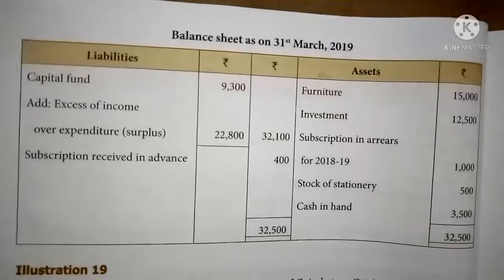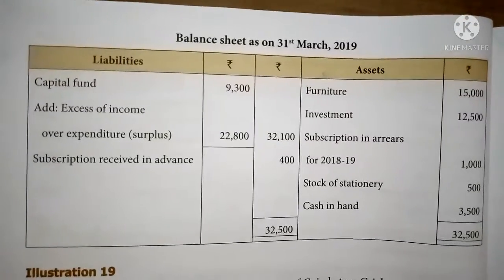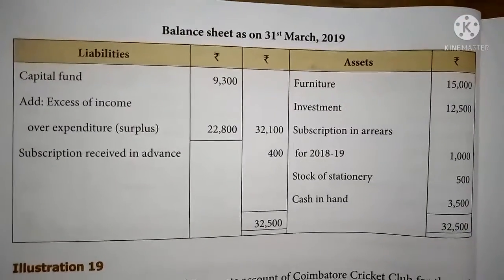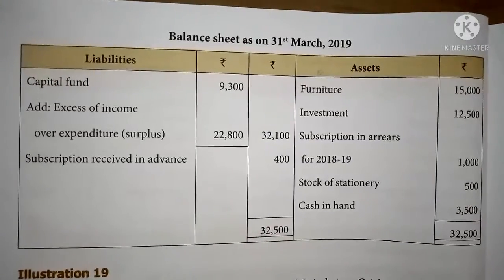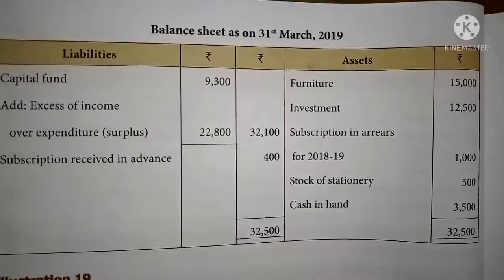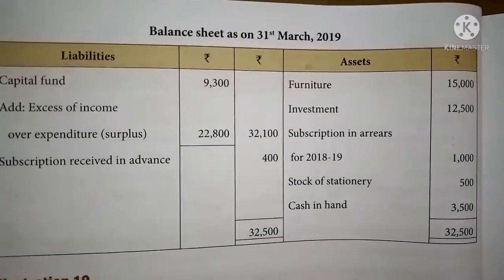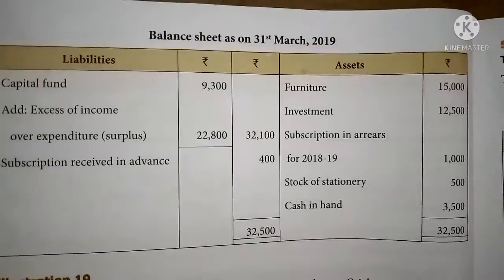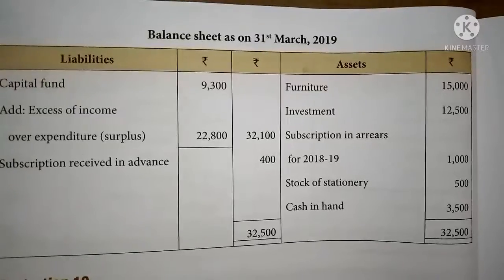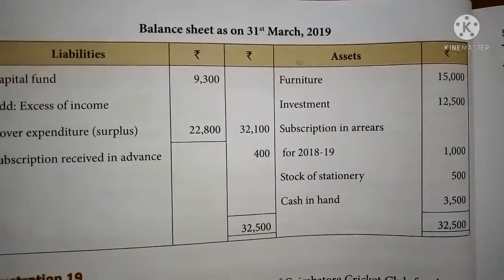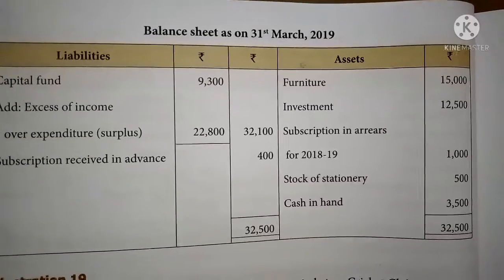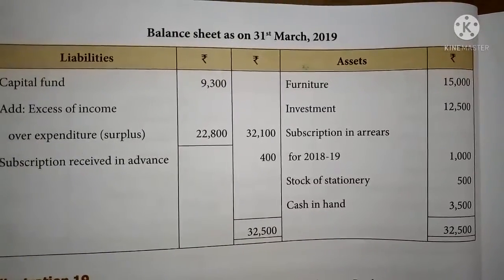For the balance sheet, first write the heading: Balance Sheet as on 31st March 2019. From the receipt and payment account, take furniture value, that is 15,000, investment 12,500, subscription current year outstanding 1,000, given in the adjustment. Stationery closing stock 500, also given in the adjustment.